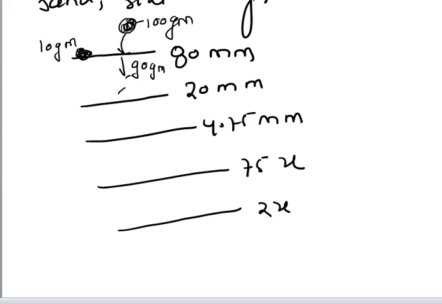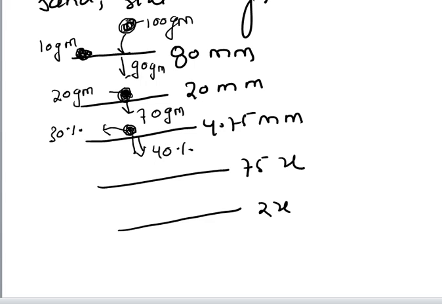Now let some fraction be retained over the 20 sieve, let this be 20 grams. So the amount passing will be 70 grams. Now over the 4.75 sieve, let some fraction be retained, let it be 30 grams. I am representing in grams, so you should write in grams.